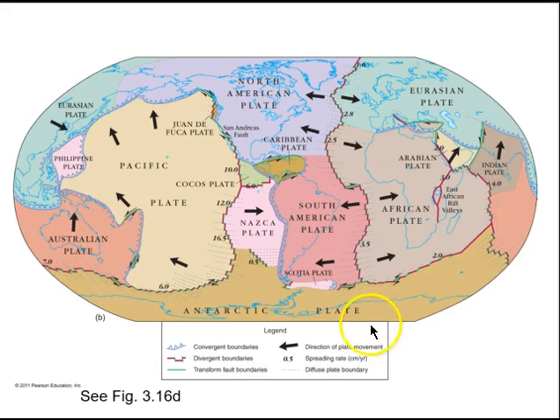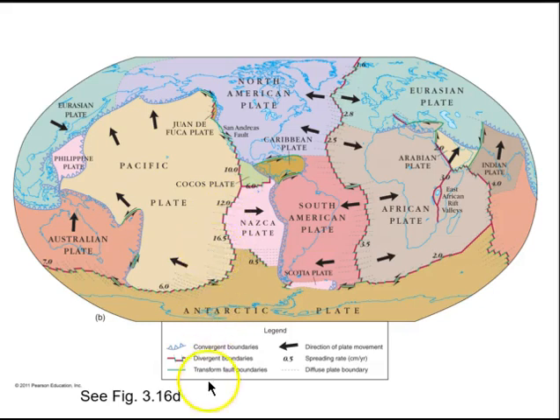Okay, so down here, this little legend is showing you what the different lines mean. So if you've got a line that has little triangles on it, I like to call them like they look like shark's teeth, that is identifying a convergent boundary. So for example, over here, the red lines that are kind of jagged, those represent divergent boundaries, such as right here.